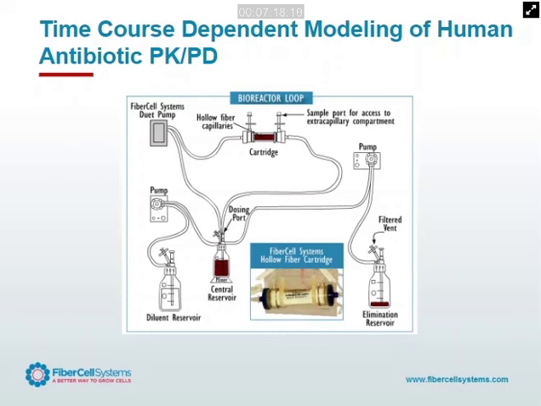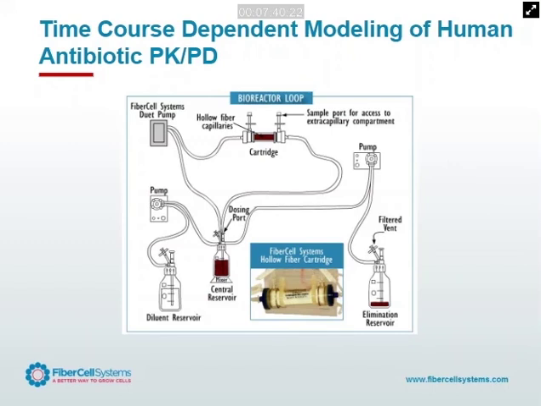Another application that I'm just going to mention, it's quite significant for us because it allows direct mimicking of human bioavailability of antibiotics and modeling pharmacokinetics and pharmacodynamics. And the basic idea is that we can strain and retain the bacteria inside the cartridge, and then we have a circulating loop through the central reservoir, and then we can add and remove drug from the central reservoir, the idea being that concentration of drug in the central reservoir equals concentration of drug on the bacteria, so that we can look at dosing profiles that result in optimum killing.